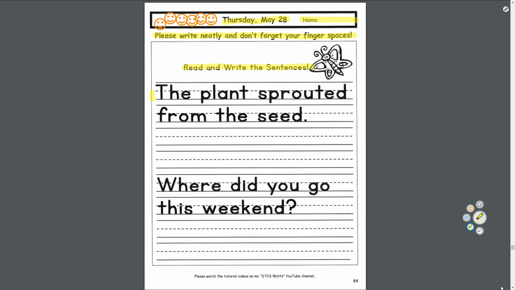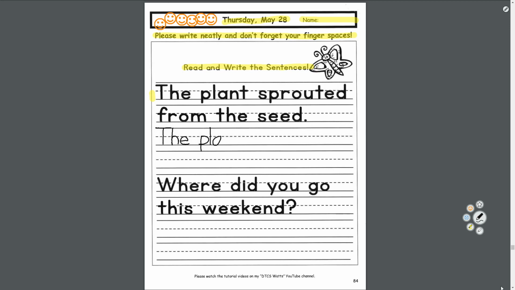We'll start with the first one. The plant sprouted from the seed. So down here, uppercase T, finger space, lowercase p goes under the line.